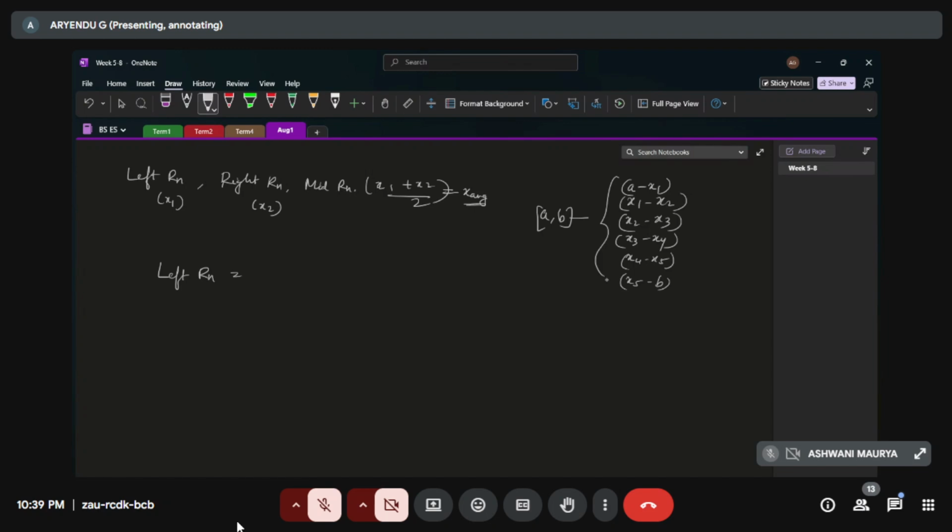This is how it looks very practically. So for a function f of x, if we have to find the left Riemann sum, this is what we will be doing.